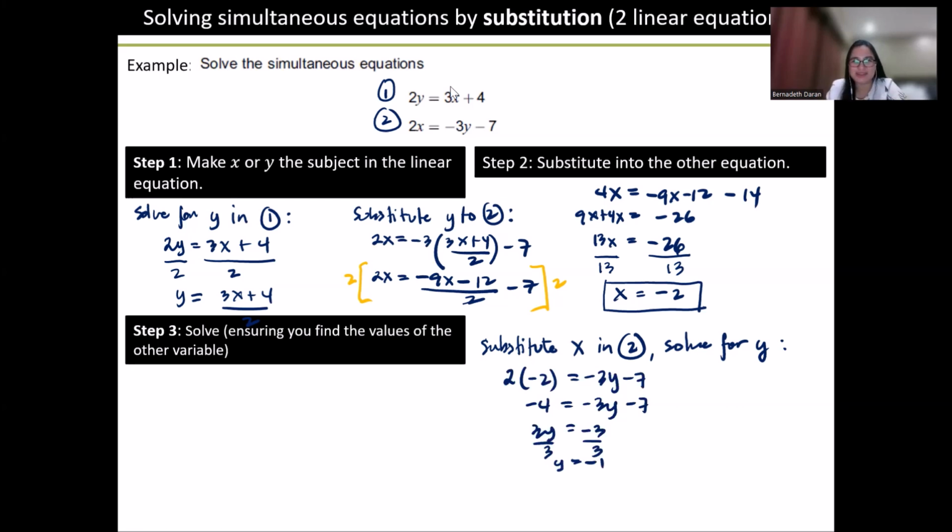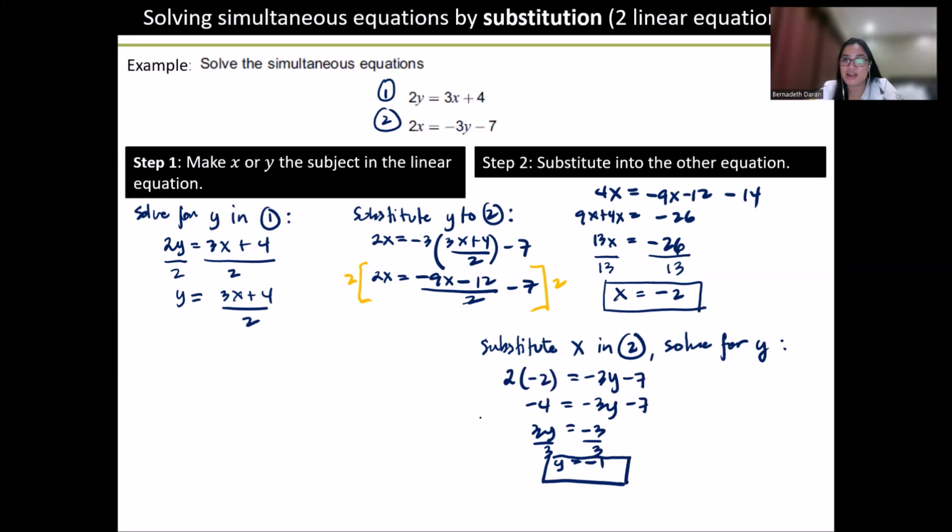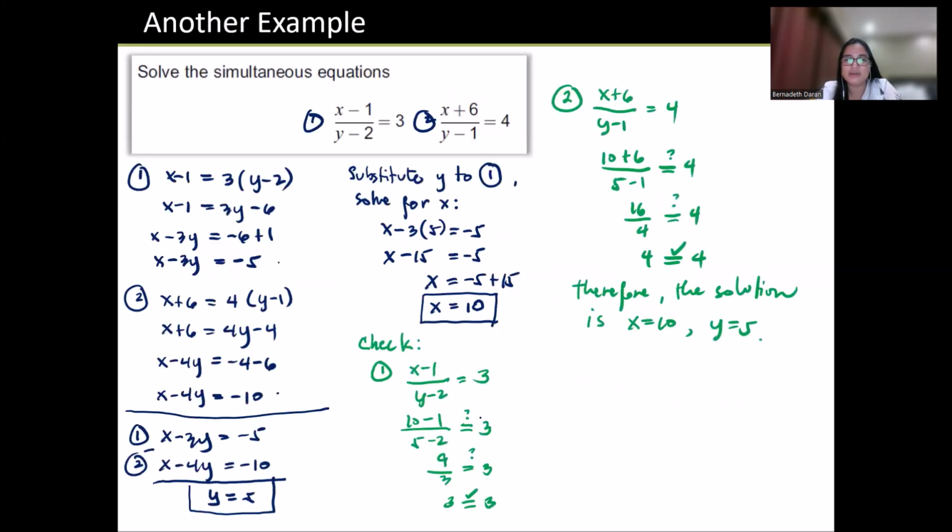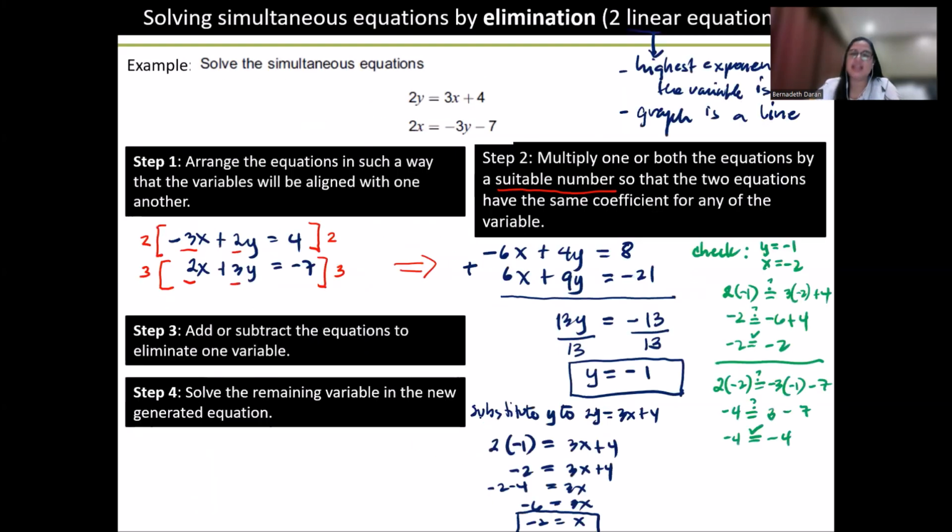Did we get the same answer from the first method that we did? So we have here x is negative 2, y is equal to negative 1. Let's check our answer. There you go. So we have here x is negative 2, y is equal to negative 1.